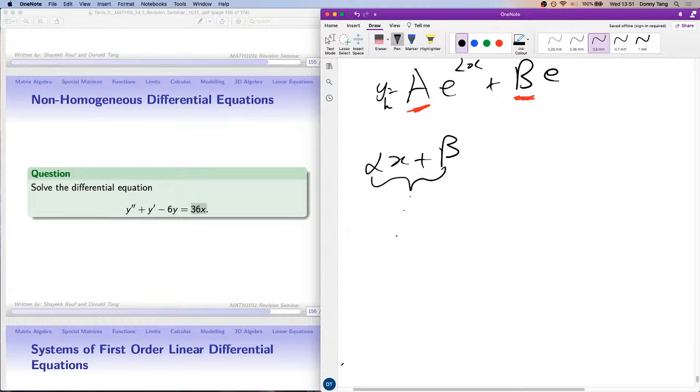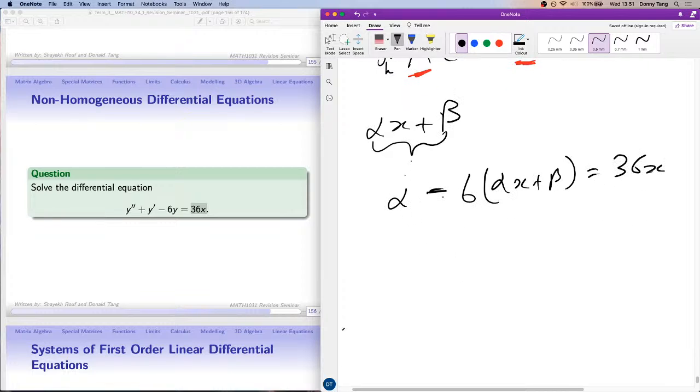And then this differentiated once is going to be alpha. And then minus 6 times alpha x plus beta equals 36x. What we're going to have is alpha minus 6 alpha x minus 6 beta equals 36x. And then what happens is you want to equate the coefficients.